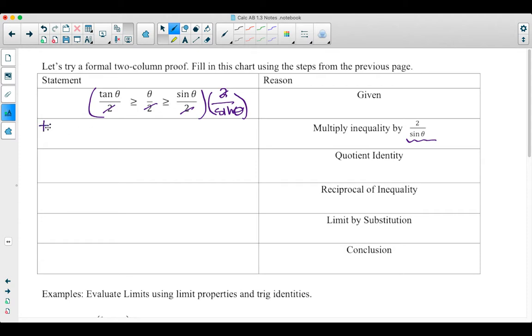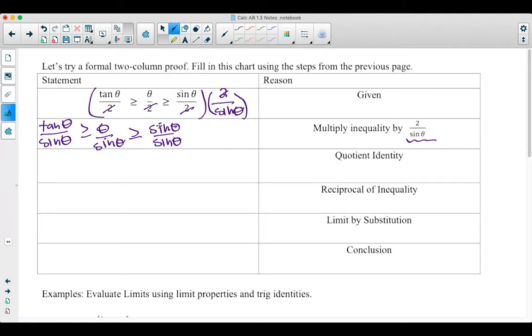So we end up with tan theta over sine theta greater than or equal to theta over sine theta greater than or equal to sine theta over sine theta. Which then we could even simplify a little bit more.